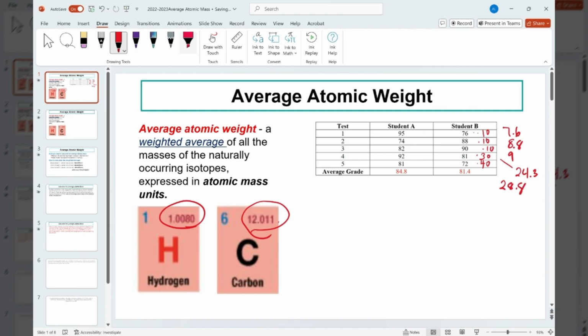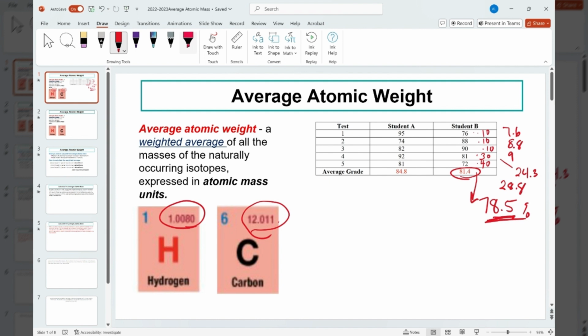And I'm going to add all of those together to get my weighted average. So this student's weighted average would actually be 78.5%. So if this teacher weighted their tests differently, that average is going to be a little bit lower than the average if we were to add them all together and divide by 5.